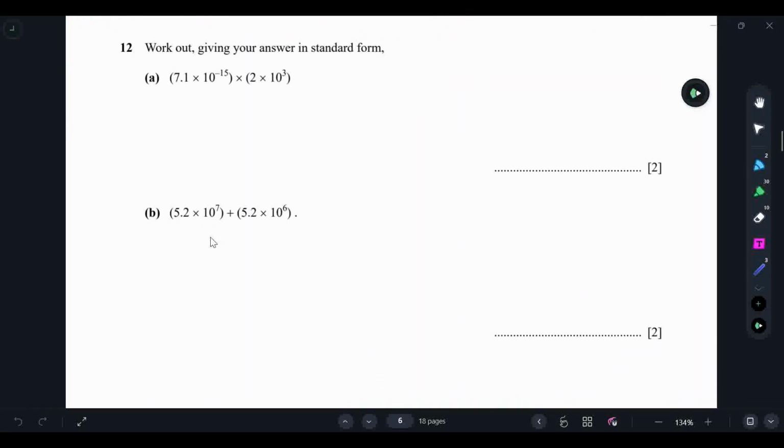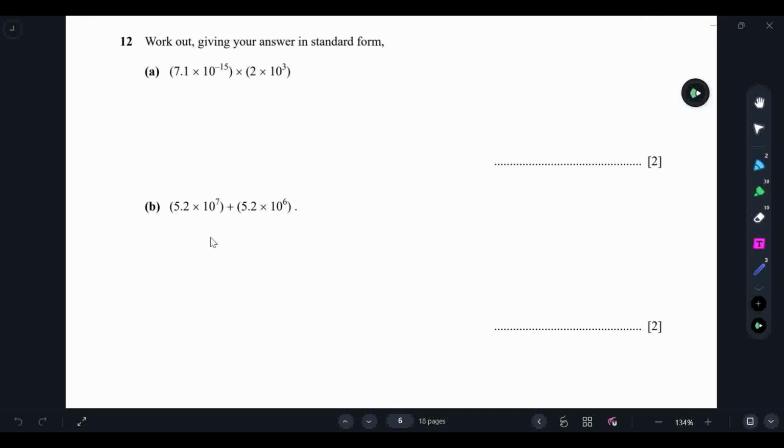Now in question number 12, we need to write it in standard form. First of all, we just need to multiply these two, like 7.1 multiplied by 2.